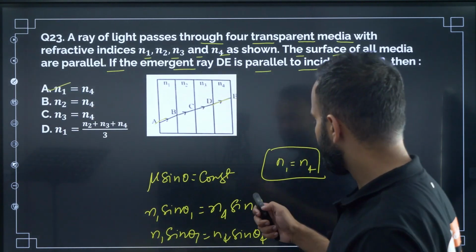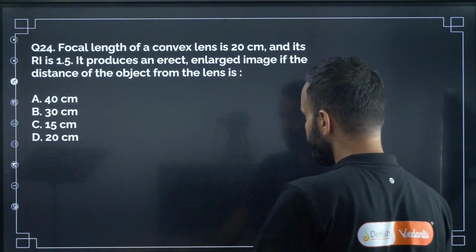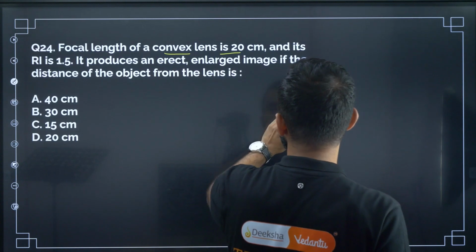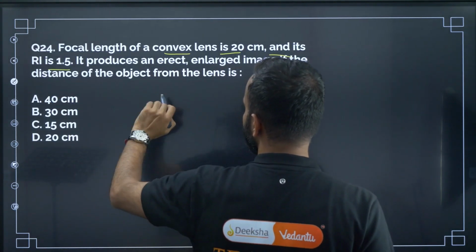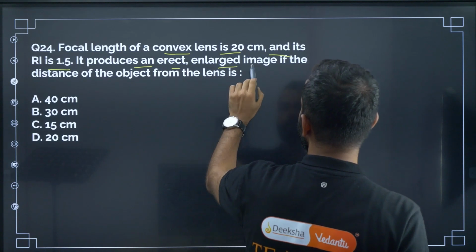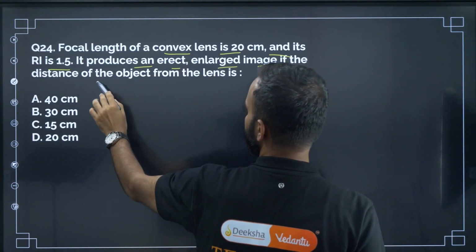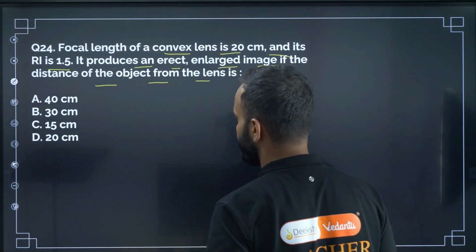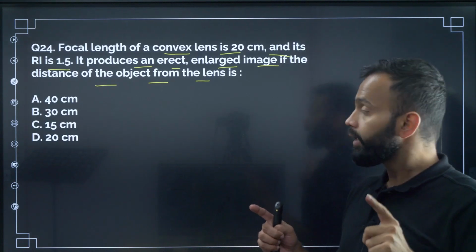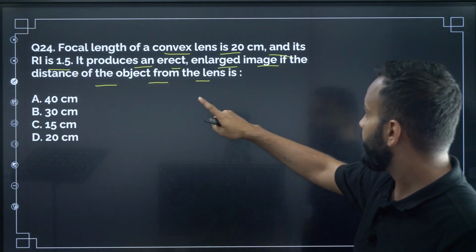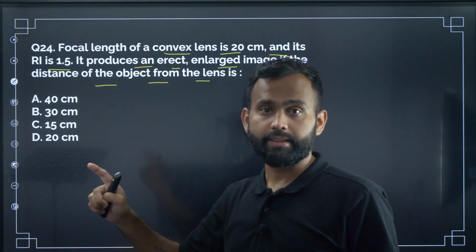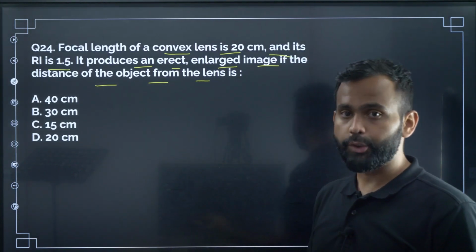Next question, question number 24. Focal length of a convex lens is 20 centimeter and its refractive index is 1.5. It produces an erect enlarged image if the distance of the object from the lens is... So here the convex lens produces an erect and enlarged image, that is a virtual image.